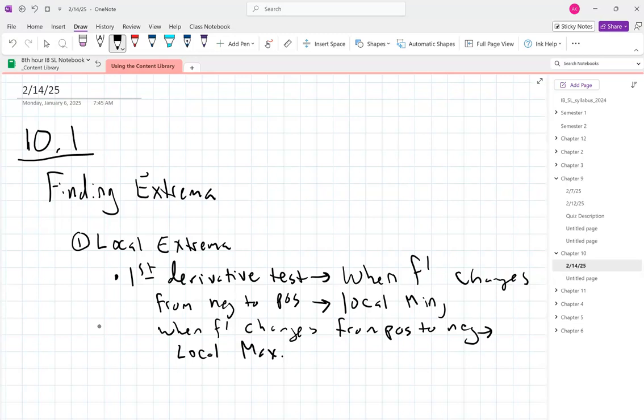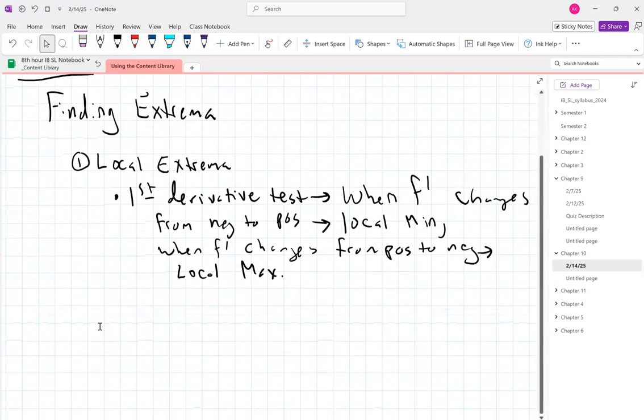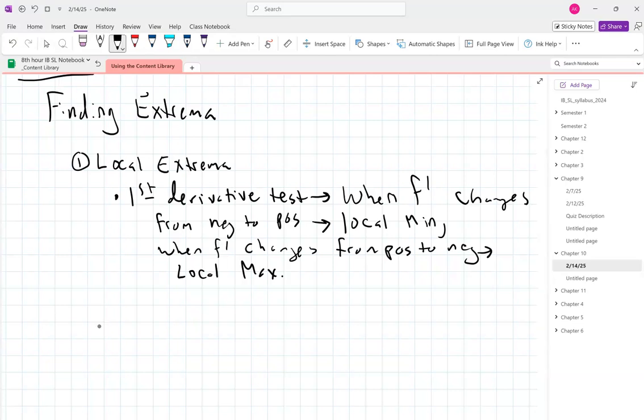You have to memorize when you're going to get the local minimum and local maximum. Is it positive to negative or negative to positive? Whatever way you need to.